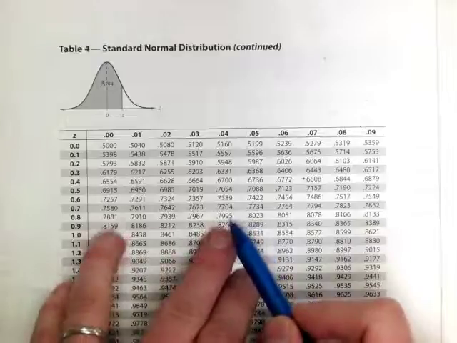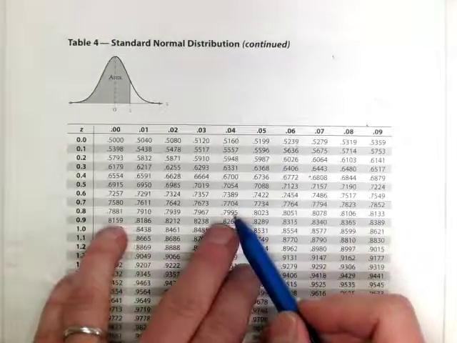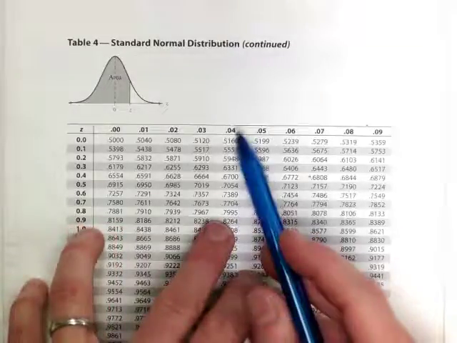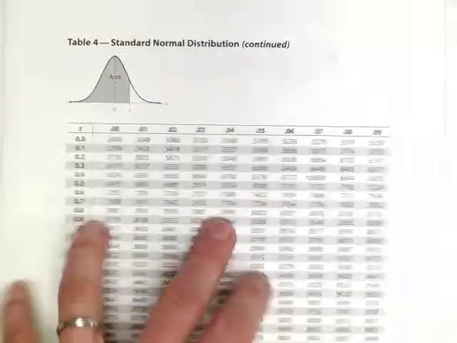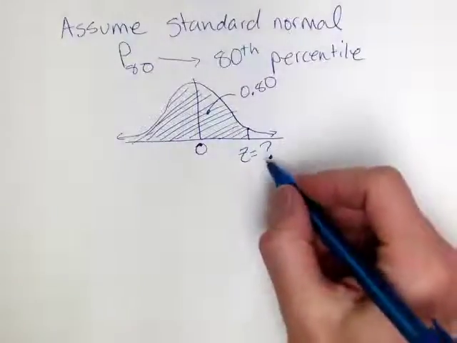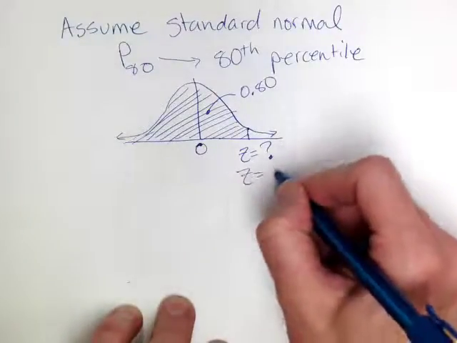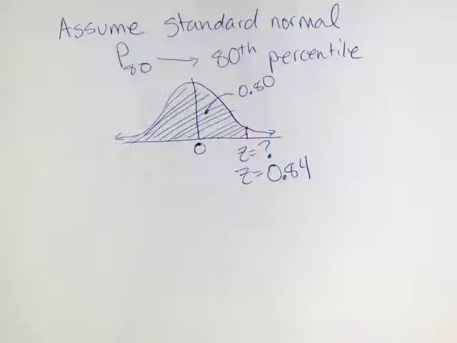As close as I can get in the body of my table is going to be a z-score of about 0.84, if I'm looking at this correctly. So z in this case will be 0.84. Now let's take a look at how to get this on the calculator.